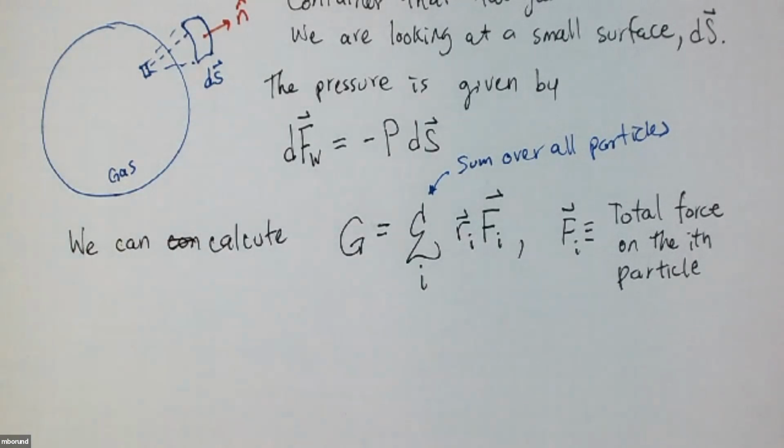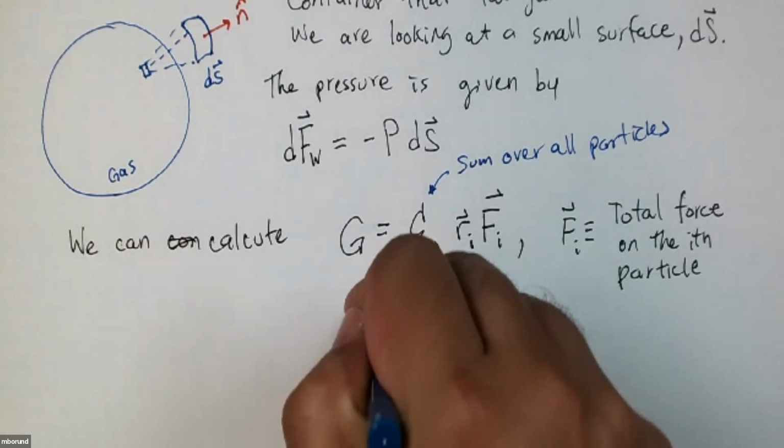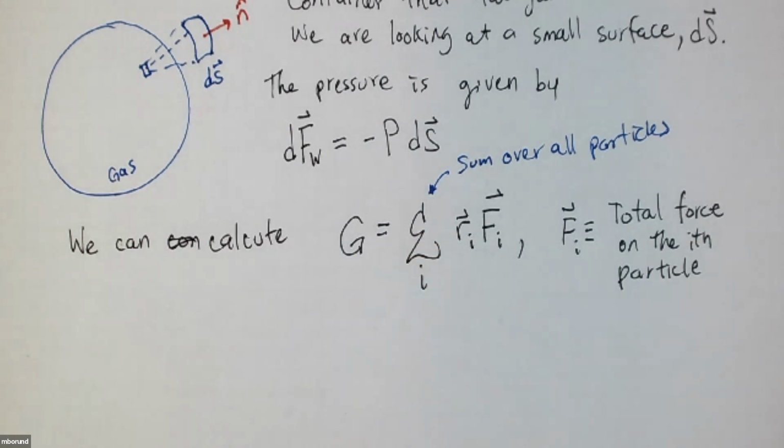So if we wanted to calculate something like that, the quantity G, what we want to do then is ensemble averaging, right? If we were doing thermal or statistical thermodynamics.